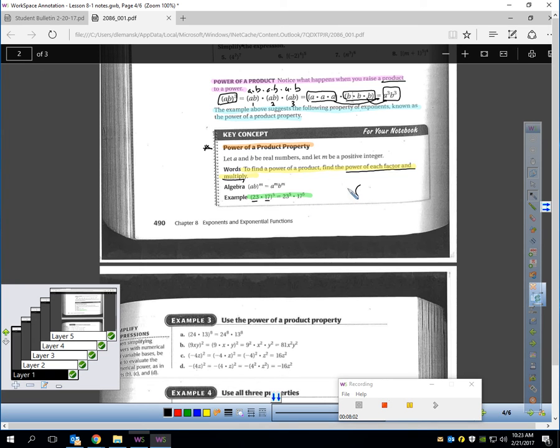Distributing is when you are multiplying a number by a binomial, like here, 5 times the binomial m plus 1. I would multiply 5 and m, and I'd multiply 5 and 1, and I'd have 5m plus 5. That's distributing. I'm not multiplying 5 times 23. I'm raising 23 to the 5th power, and I'm raising 17 to the 5th power. This is not distributing. Okay?